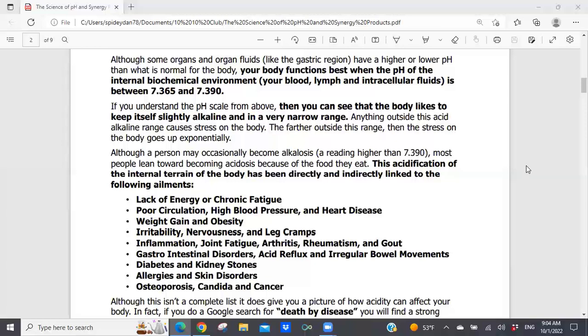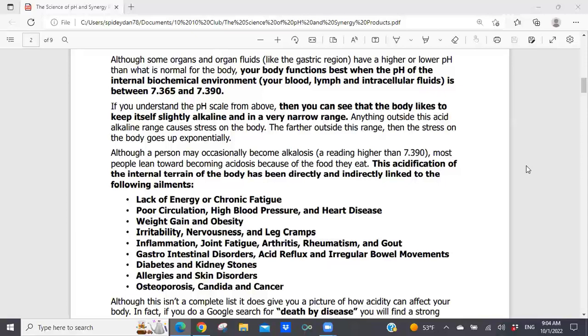Lack of energy or chronic fatigue, poor circulation, high blood pressure, heart disease, weight gain and obesity, irritability, nervousness and leg cramps, inflammation, joint fatigue, arthritis, rheumatism, and gout, gastrointestinal disorders, acid reflux, and irregular bowel movements, diabetes and kidney stones, allergies and skin disorders, osteoporosis, candida, and cancer.